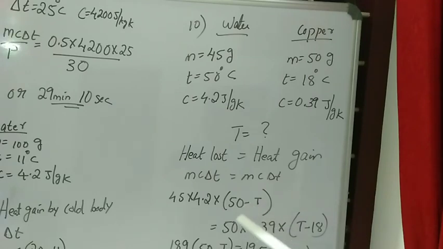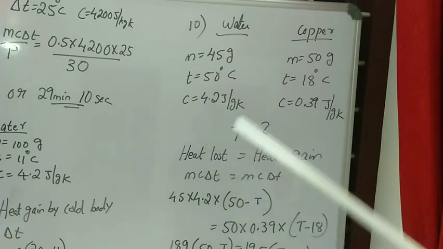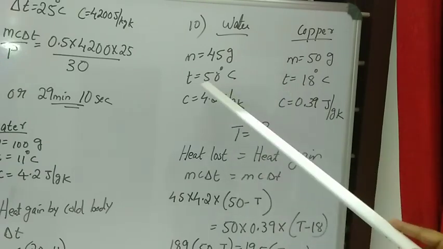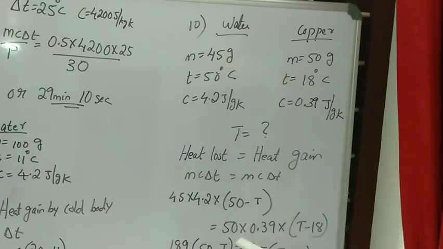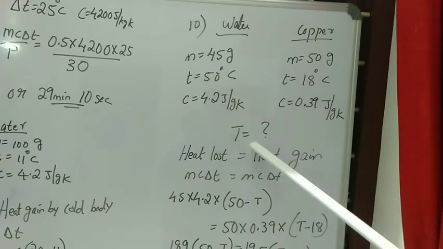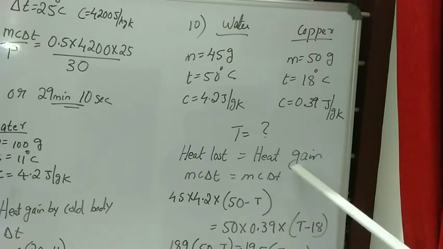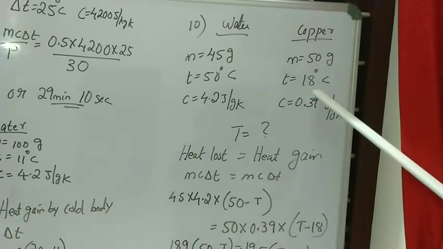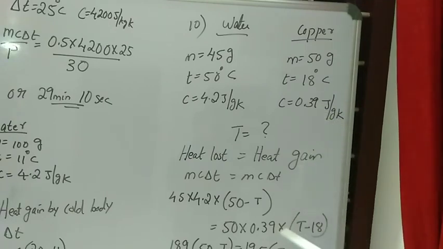Again I repeat how to take delta T. Here you know water is going to lose energy, so from 50 degrees it is going to decrease to this temperature. So we write 50 minus T is equal to the heat gained by the cold body, MC delta T. Mass is 50, C is 0.39 and T. How will you take delta T, the change in temperature?